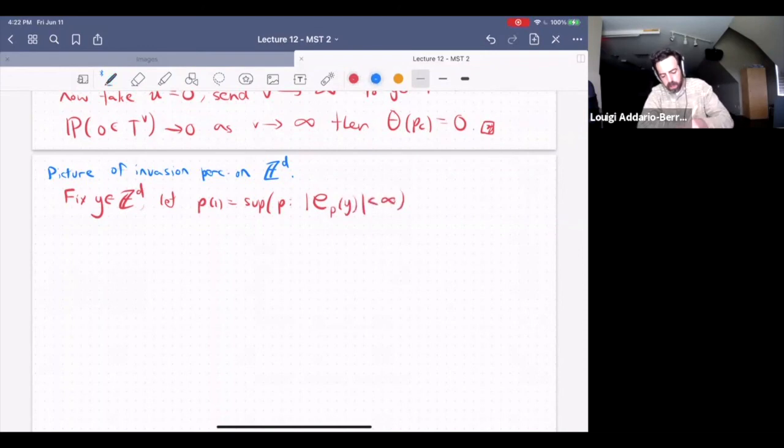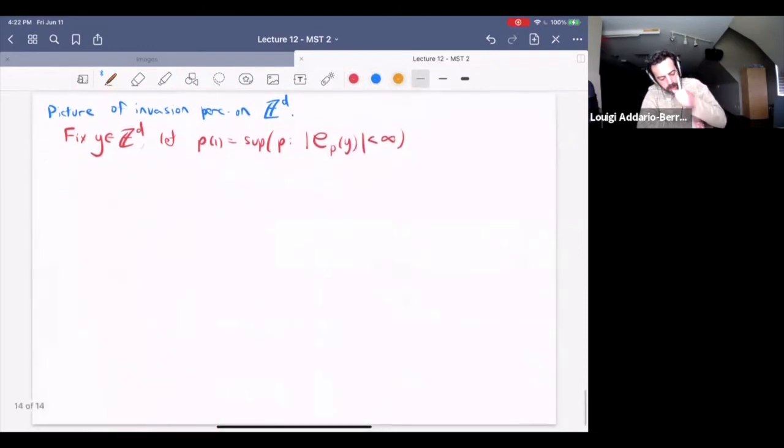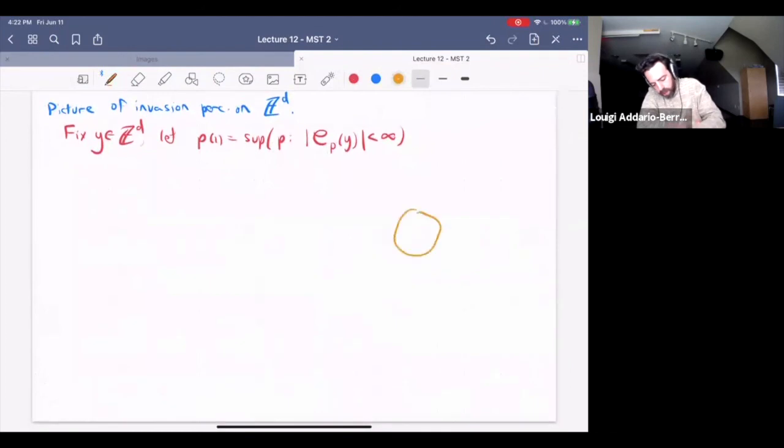Okay, right? So here's, if I draw the component, here's y, and here's the component of y in the graph Z^d, just before P1.